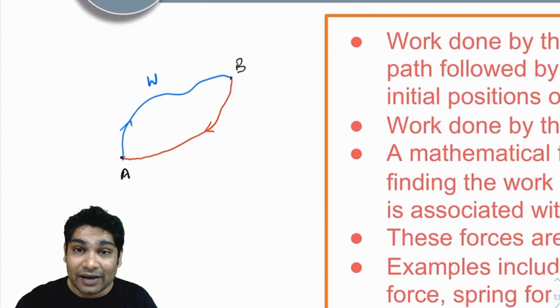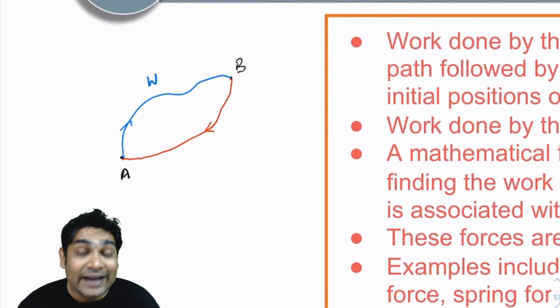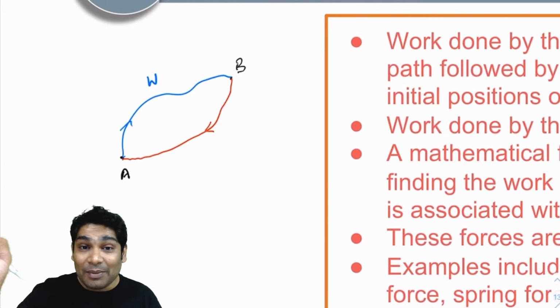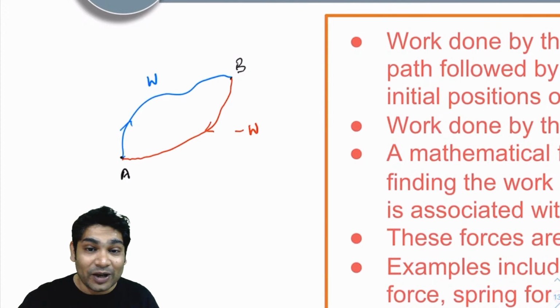When it comes back, how much should the work done be? Since it has completed a closed loop, the net work has to be zero, right? So if the net work has to be zero, that implies that the work done while coming back from B to A has to be exactly minus W. I hope you guys followed that.